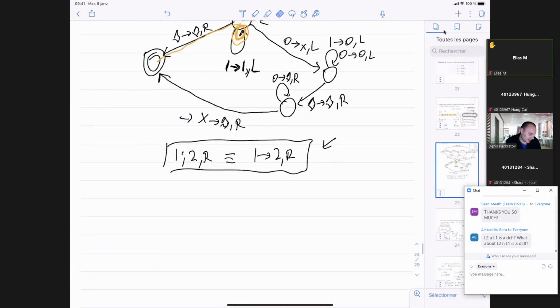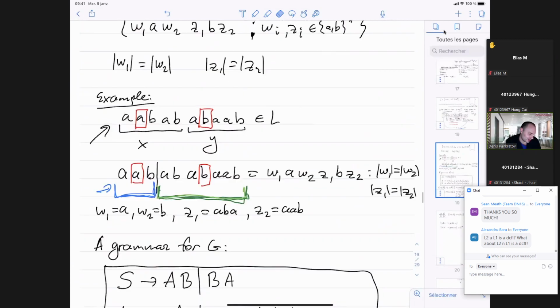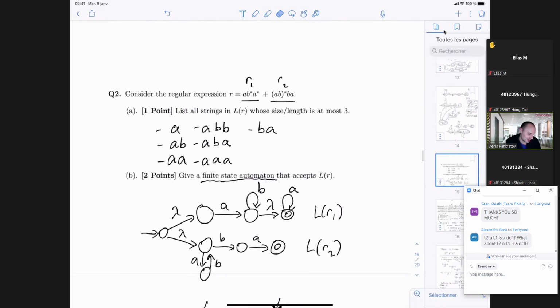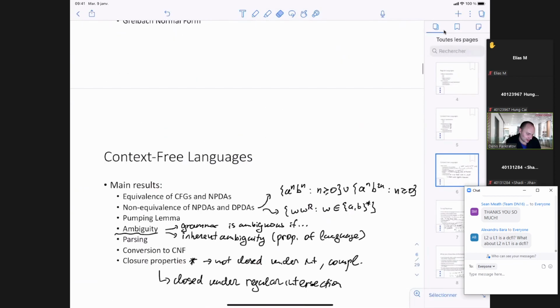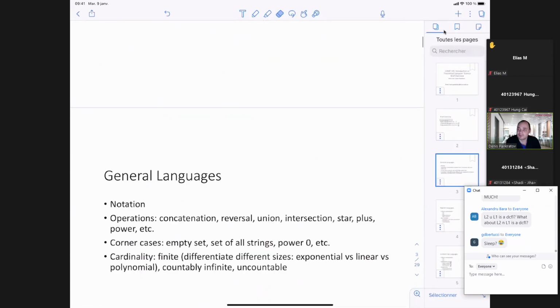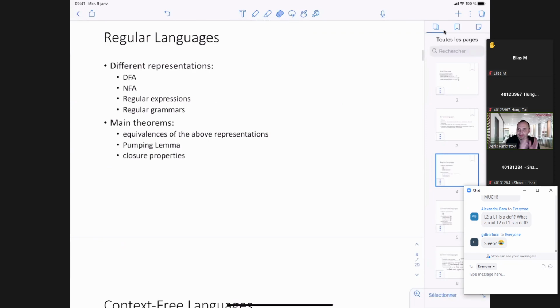Don't forget about these strategies for how to answer questions. Take care of the written questions that you consider simple. For that, you need to read all of them. Try easy things first. Do multiple choice things. Come back to the questions, review them. And yeah, so that's all I have to say.